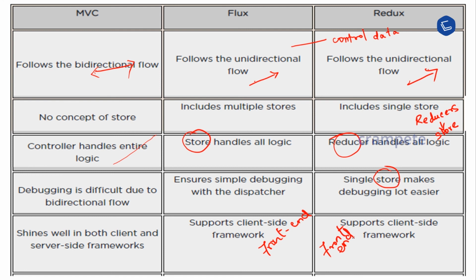Whereas the concept of Flux and Redux is specifically used in front-end frameworks like Angular or React, that is specific to UI frameworks, whereas with MVC you have heard about using this pattern in .NET, designing your model and controller and generating it to your view.